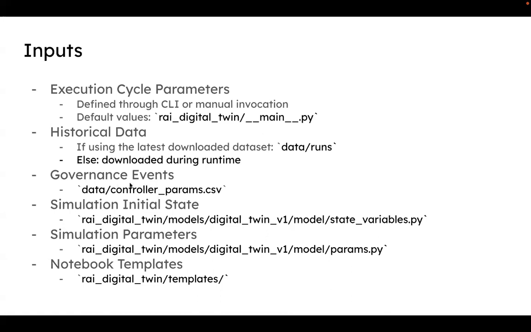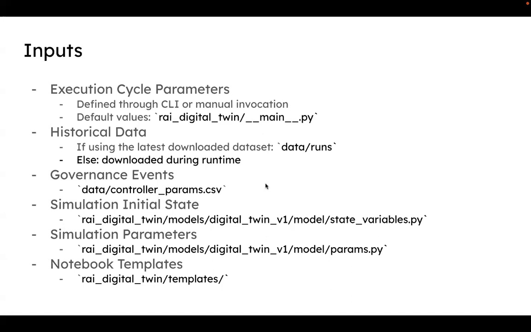There is also another input, which is governance events, because of the controller parameters of the RAI, like, for example, the P part. As you know, RAI has a PID controller for the redemption rate, and the P and I terms have parameters, and we have this file controller params here in the data folder that has values for them over time.